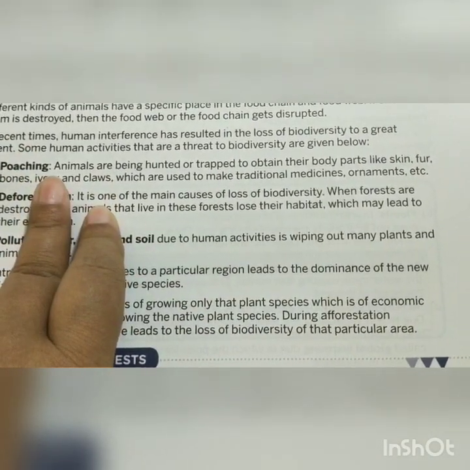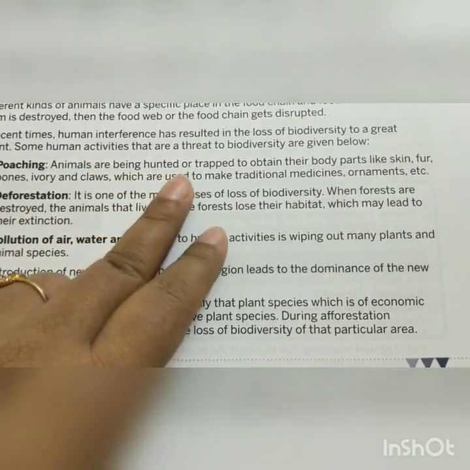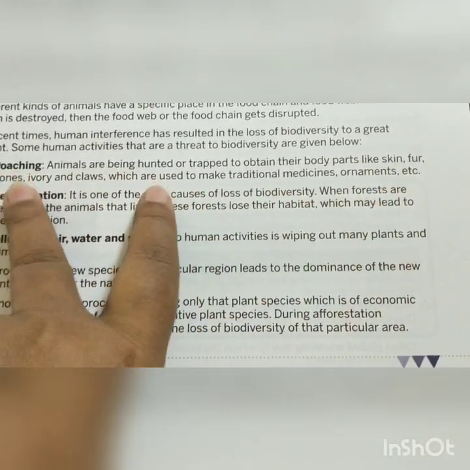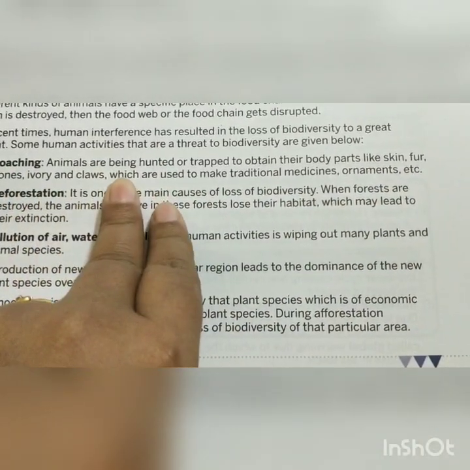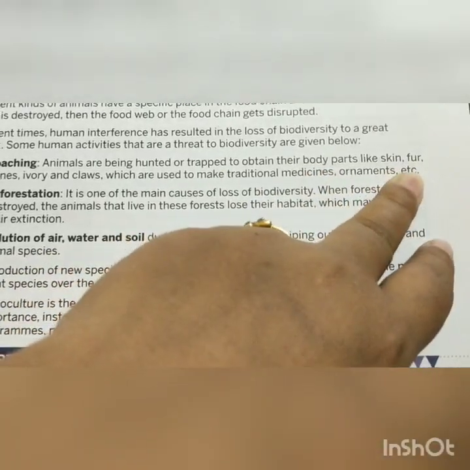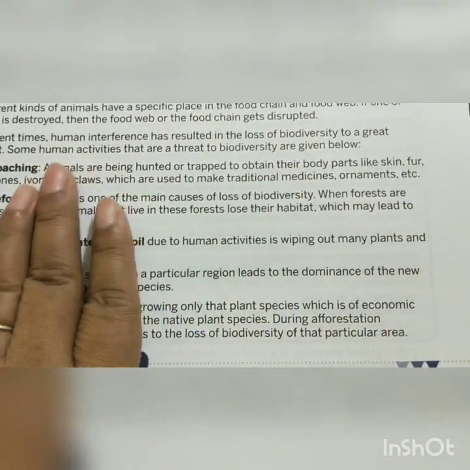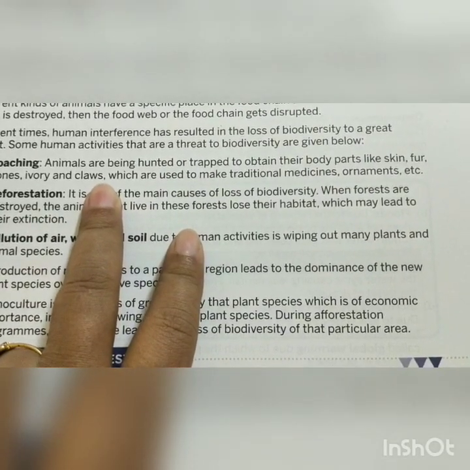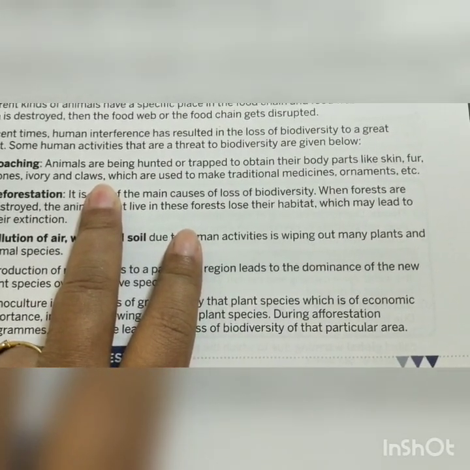One is poaching. Animals are being hunted or trapped to obtain their body parts like skin, fur, bones, ivory and clothes, which are used to make traditional medicines, ornaments, etc. So what does poaching mean? Hunters hunt the animals illegally.